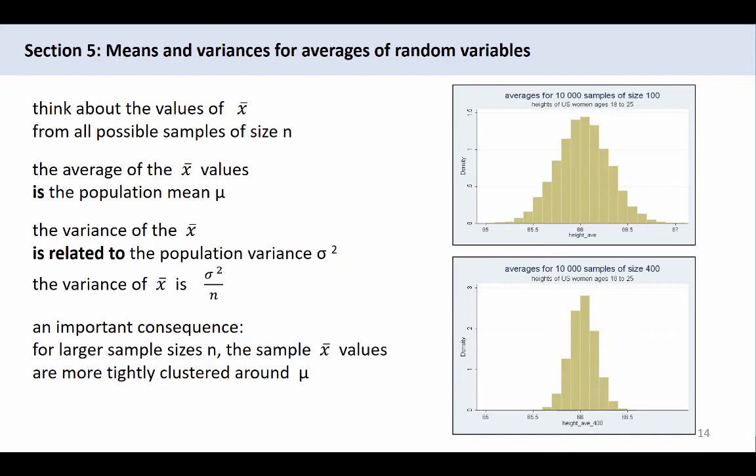And the lower graph, lined up right underneath it, is the averages for 10,000 samples of size 400. And you can see that in the lower graph, the averages for the 10,000 samples of size 400 are a lot more concentrated around 66 than for samples of size 100. And we're going to do the algebra to show you where this formula comes from.